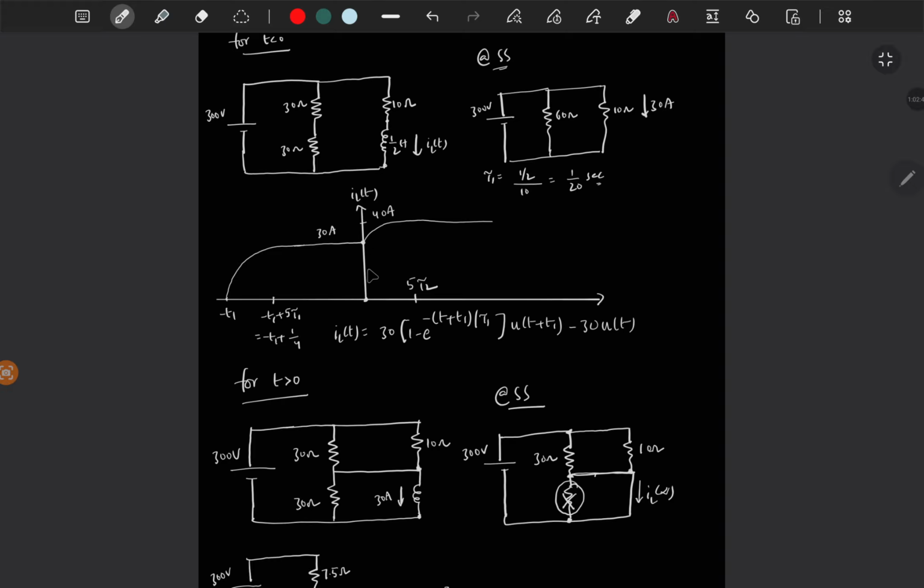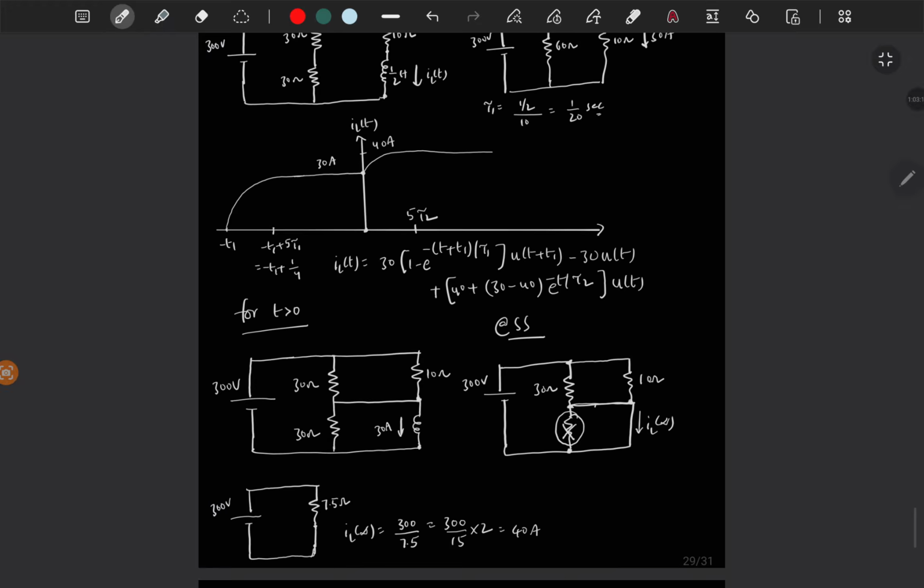So you got this one now, plus this equation, final value plus initial value minus final value times e power minus t by tau 2, because it is there from t greater than 0, and times u of t. So this is IL of t.